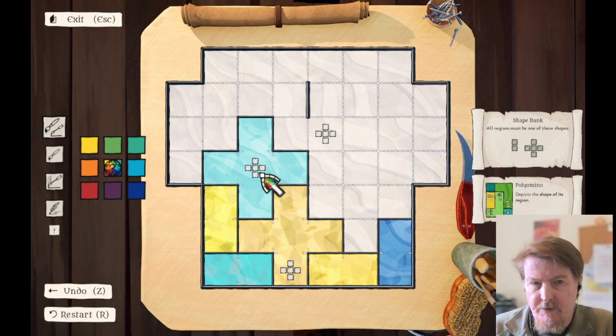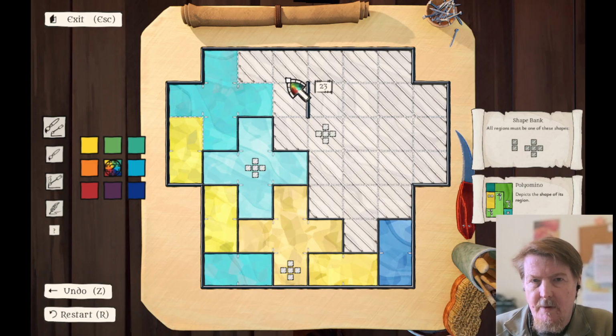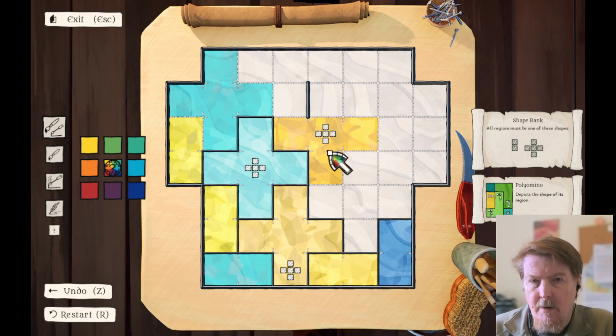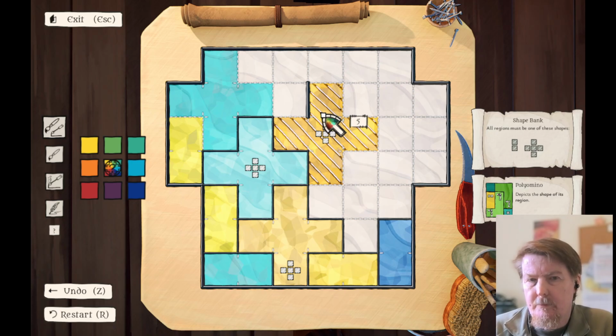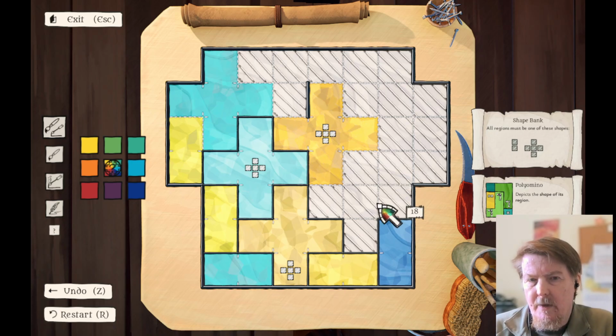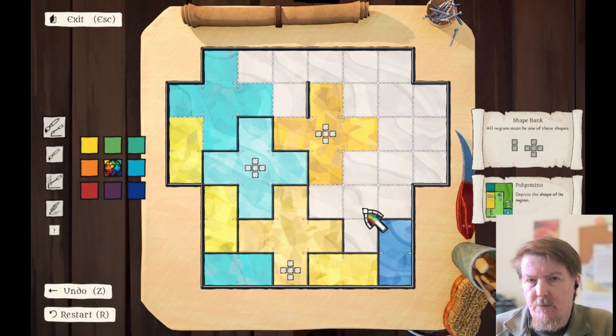That one does have to go down into the gap. Means I'm forced to put another plus up here. That's fine, except I cannot use any more plus symbols. So let's take that out.